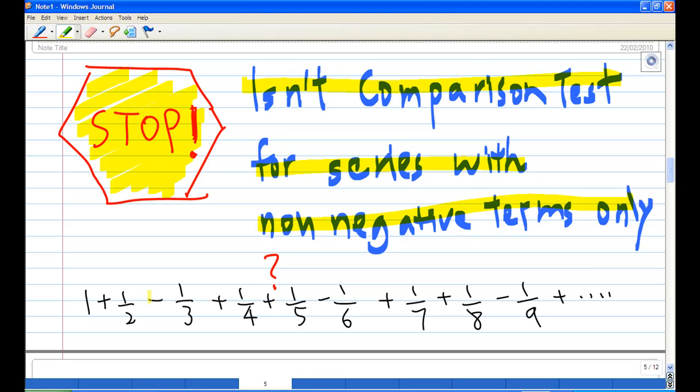But now we have a minus 1/3 in the third term, minus 1/6 in the sixth term, and minus 1/9 in the ninth term. So in this case, we are actually using the comparison test very creatively.